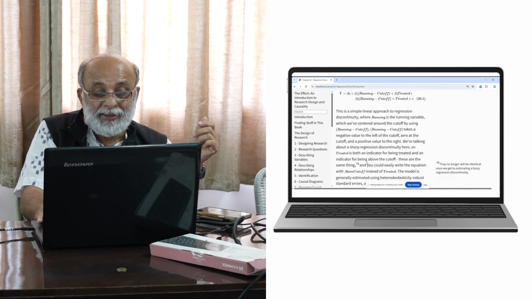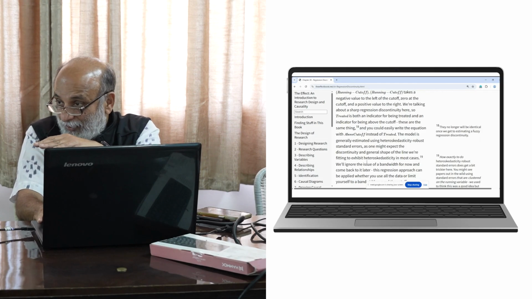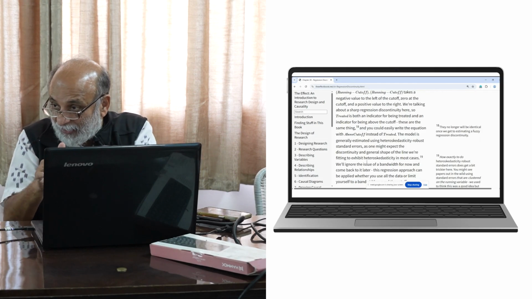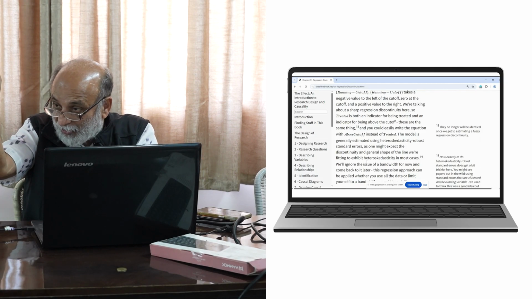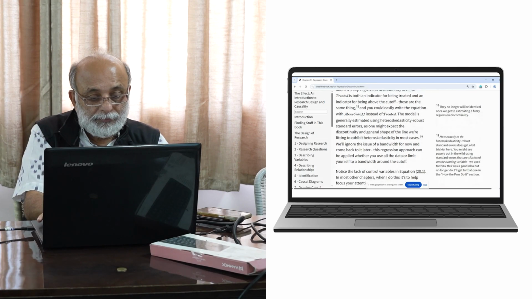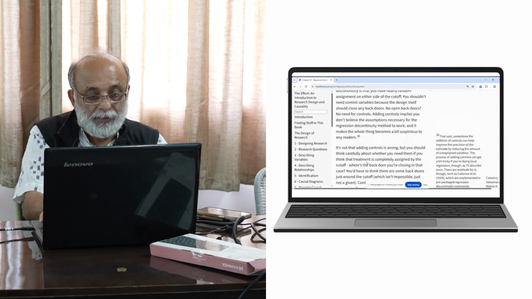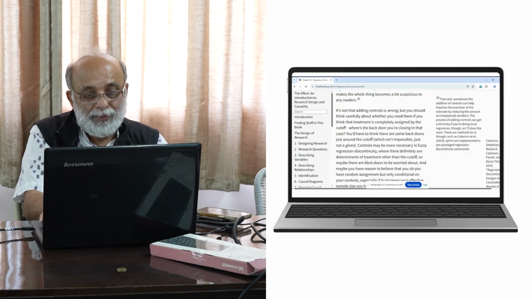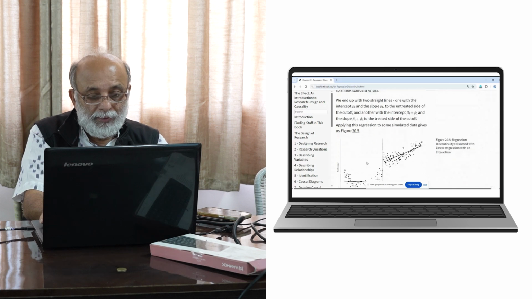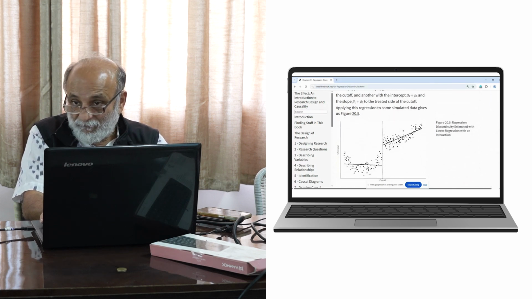So we are looking at a sharp discontinuity at the cutoff, a variable which takes negative values before the cutoff and positive values beyond it. So you're looking at something like this.